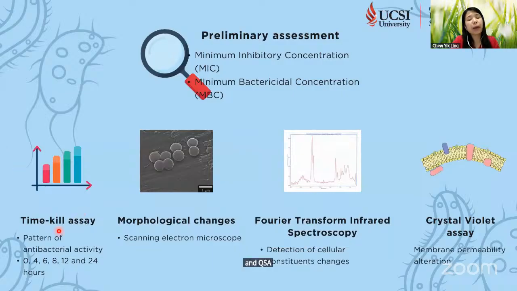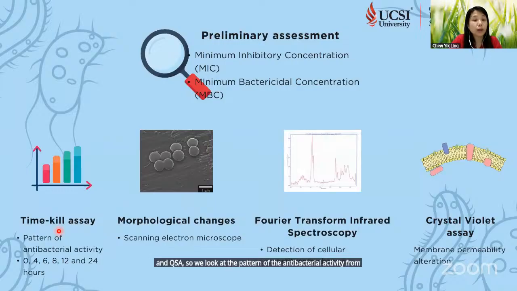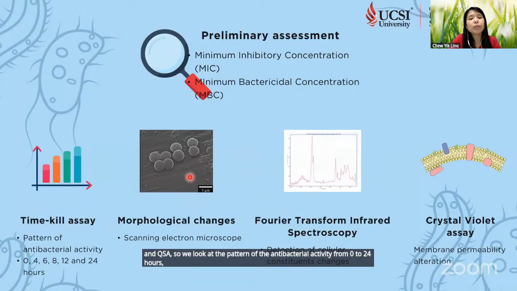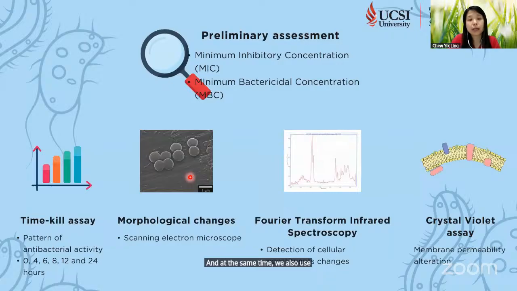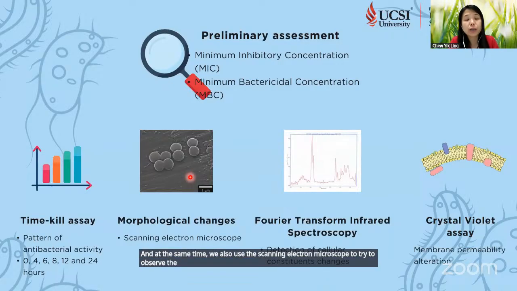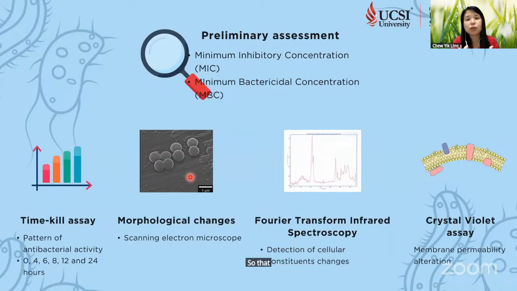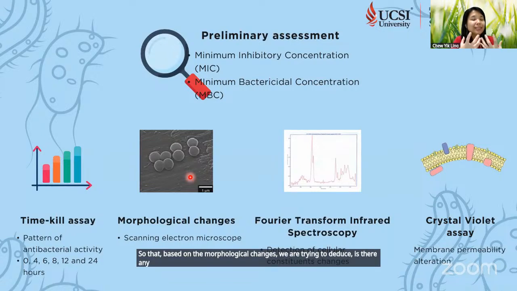So we look at the pattern of antibacterial activity from 0 to 24 hours. At the same time, we also used the scanning electron microscope to observe the morphological changes that happen to the microbes, so that based on the morphological changes, we try to deduce whether there is any possible target that these compounds are working on in the MRSA.